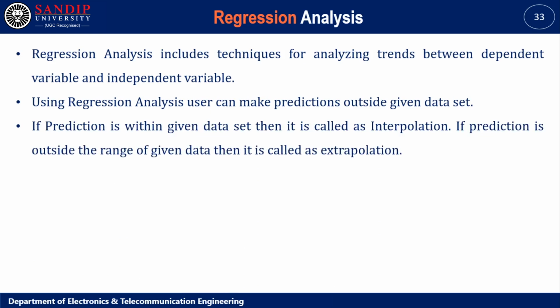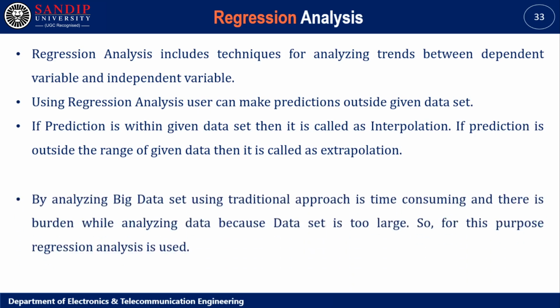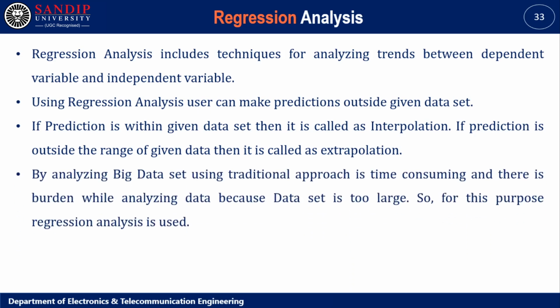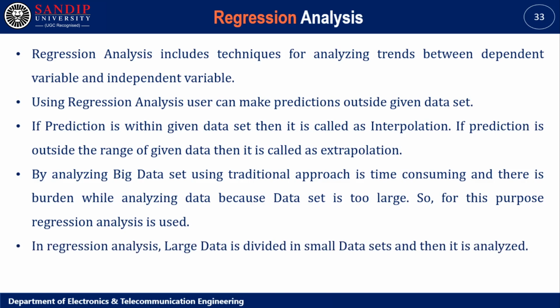If the prediction is outside the range of the given data, it is called extrapolation. Analyzing a big data set using a traditional approach is time consuming and burdensome because the data set is too large. So for this purpose, regression analysis is used. In regression analysis, large data is divided into small data sets and then analyzed.